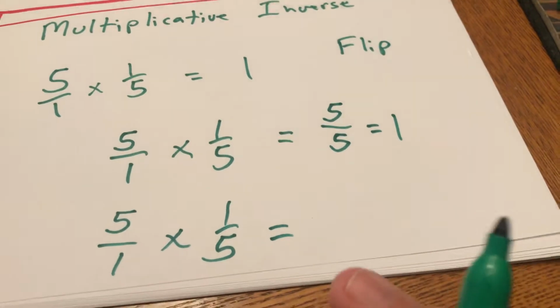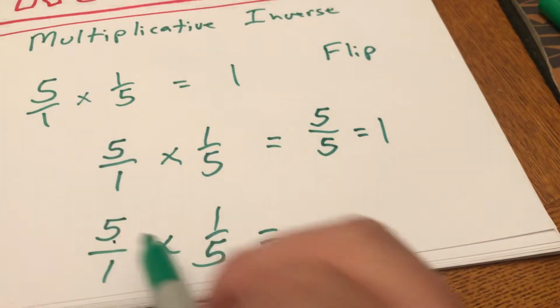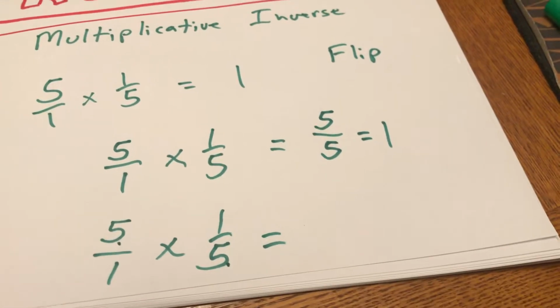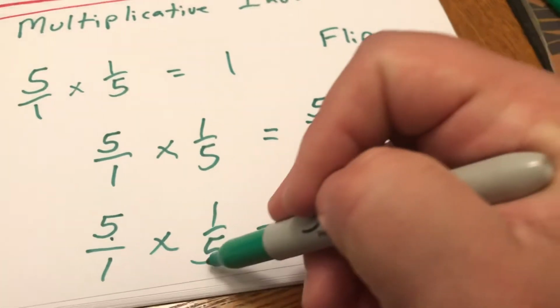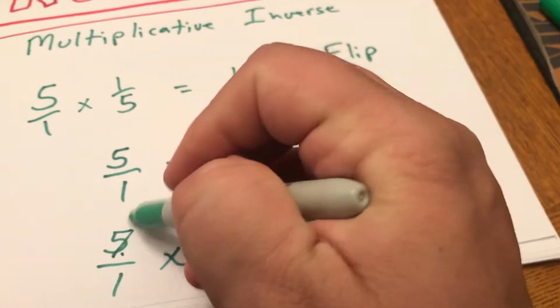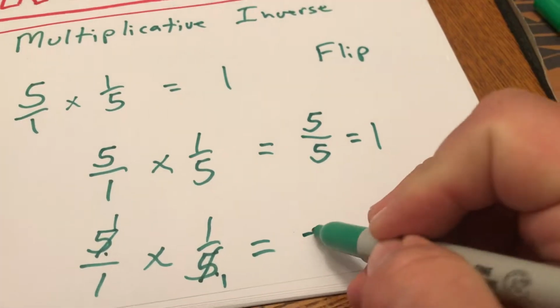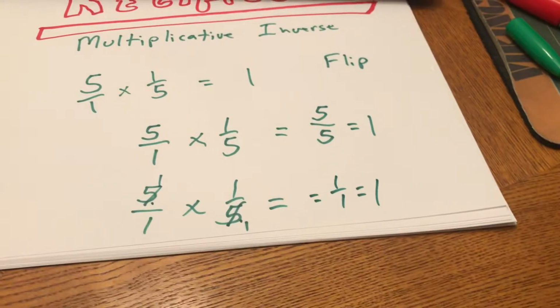It's not the cross multiplication you do with proportions, but if the numbers across from each other have the same factors, in fact 5 does, 5 goes into both of these once, and that would be the same as 1 over 1, which is still equal to 1.